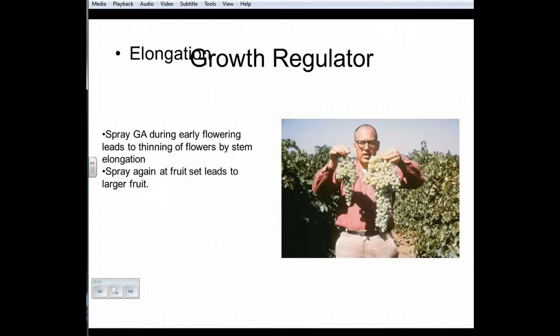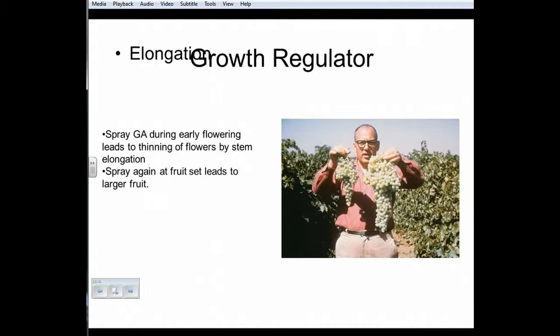Then they spray them again to get better fruit set. The first spray will actually help thin the fruit set, so you get better grapes. Can't do this with wine grapes, unfortunately, not as easily anyway. Thompson seedless is a particular kind of grape.